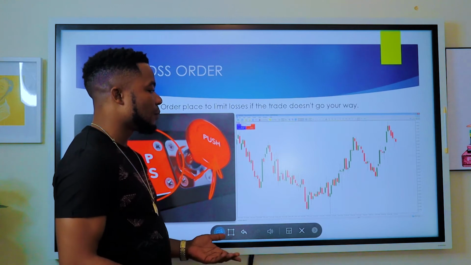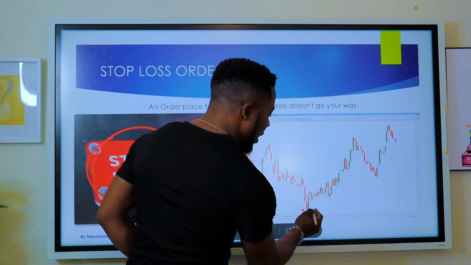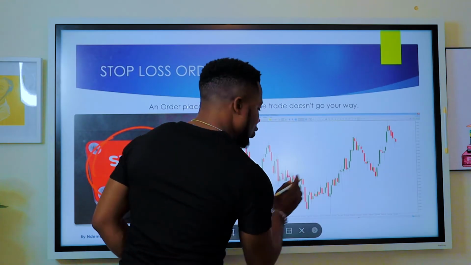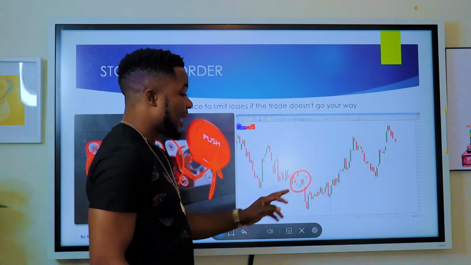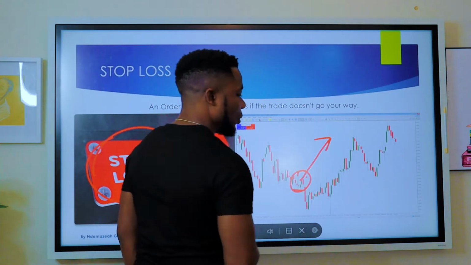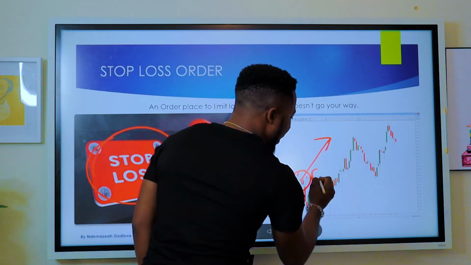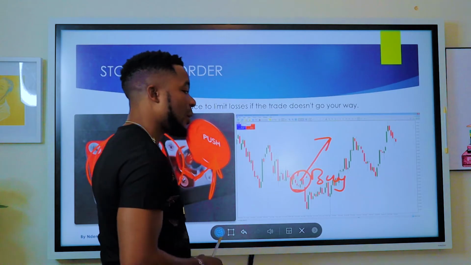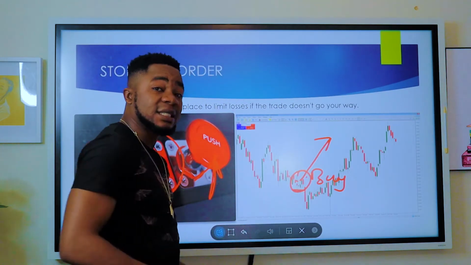So let's just assume at this particular level you predicted very well that the market will bounce somewhere here and go up. But when the market got here, you bought. You were assuming that the market will continue going directly from here. But see what happened.